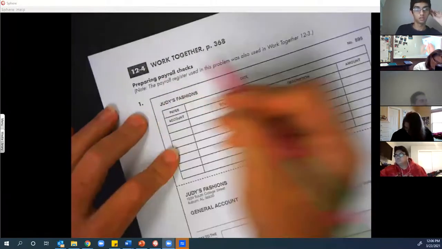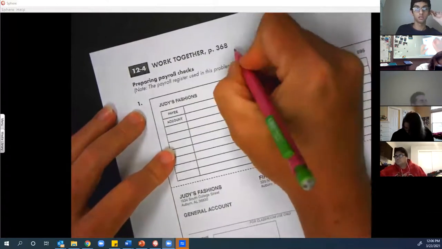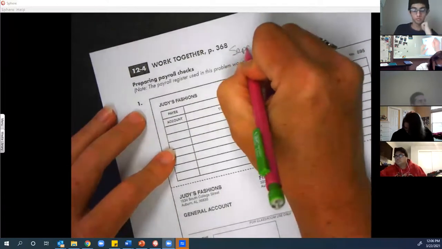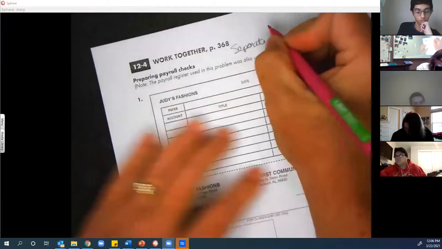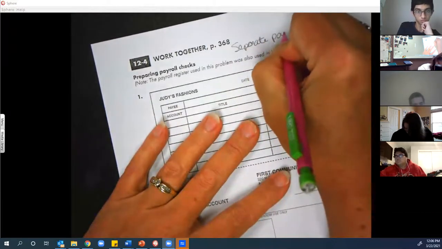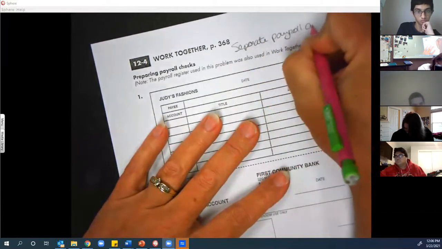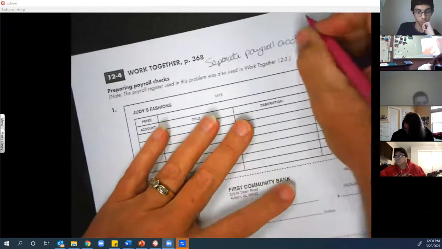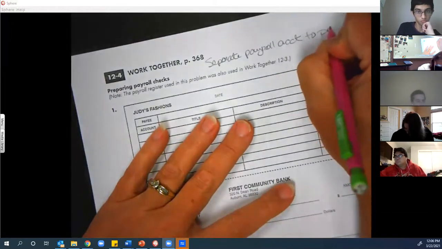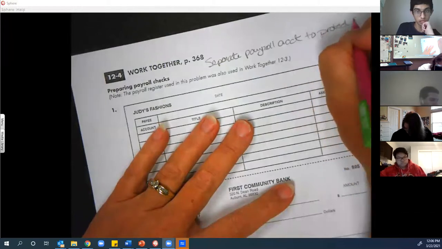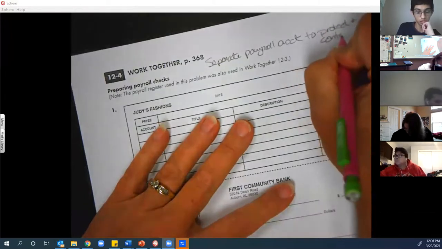But this one is, we have a separate payroll account, and this is to protect and control our main accounts.